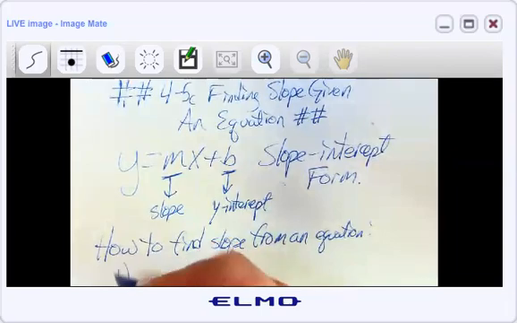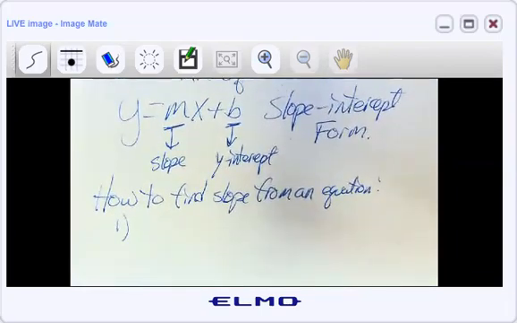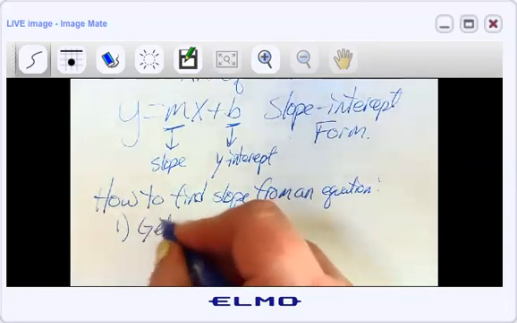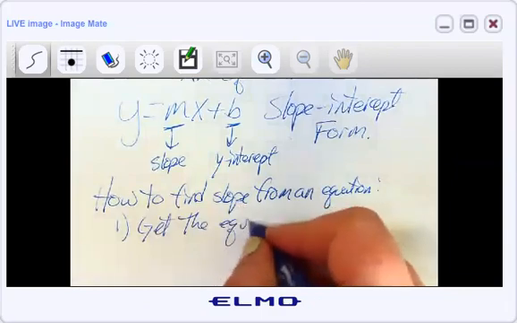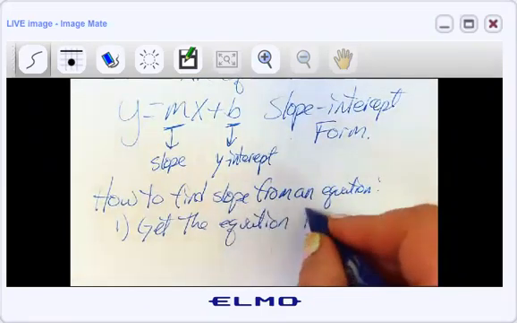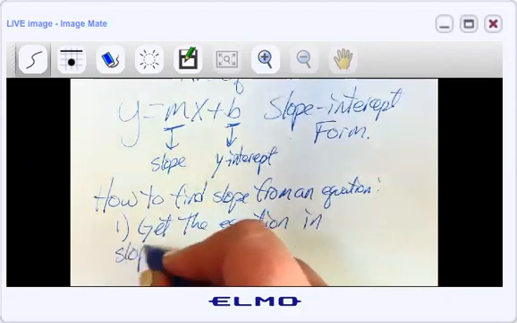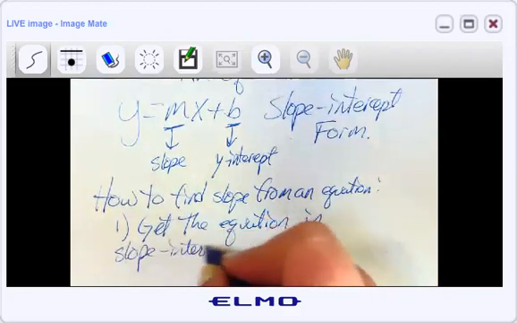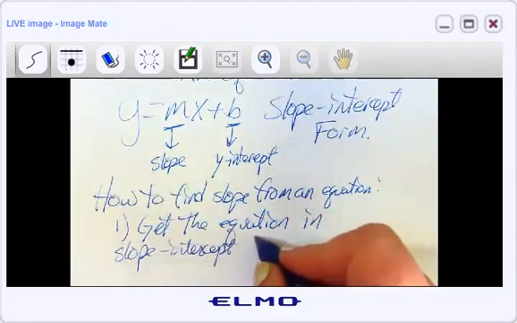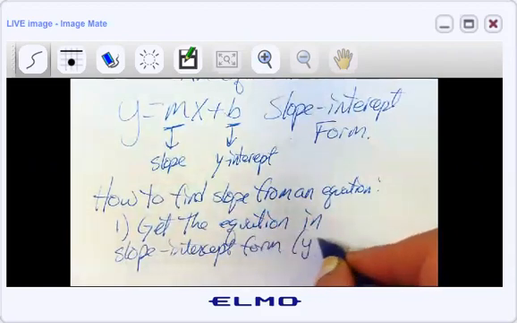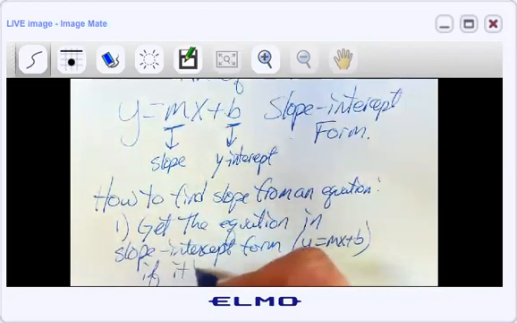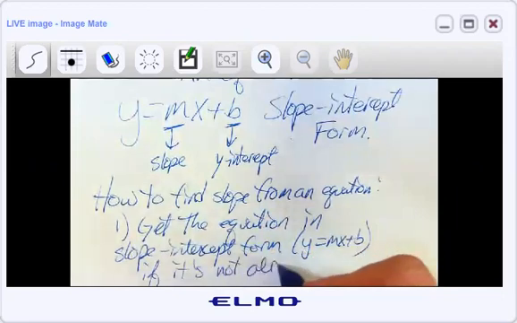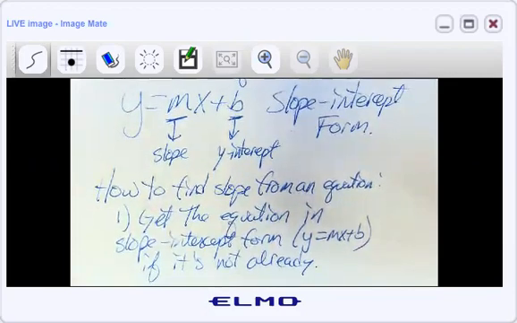The very first thing you're going to want to do is to get your equation in this form if it's not already. That is the very first thing I'm going to want to do.